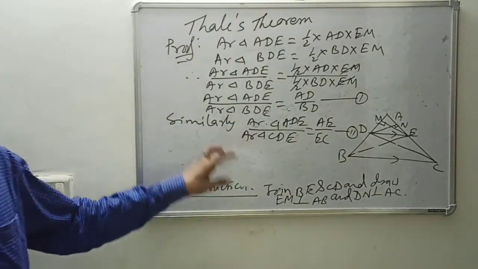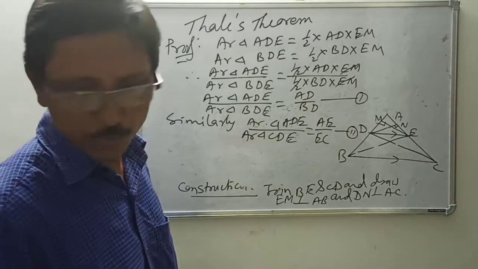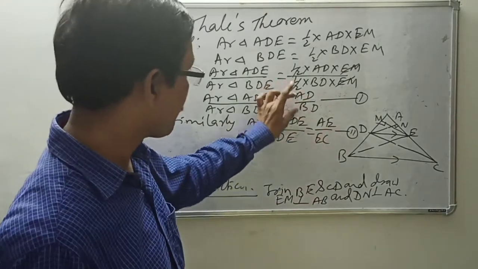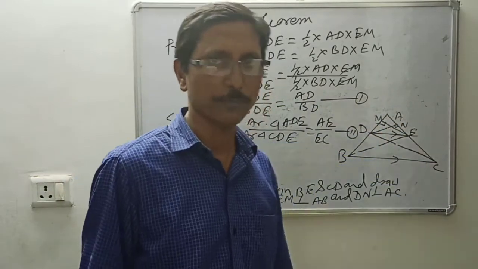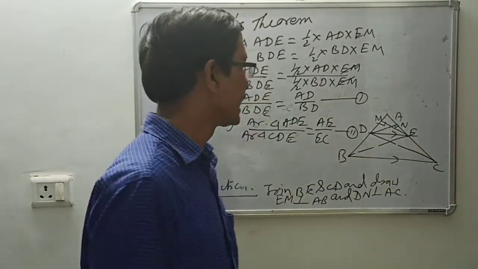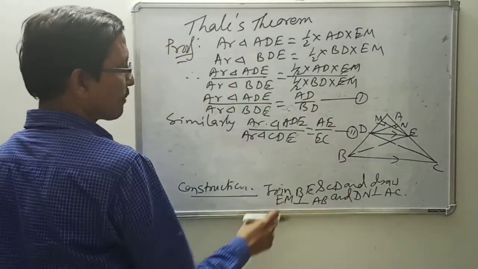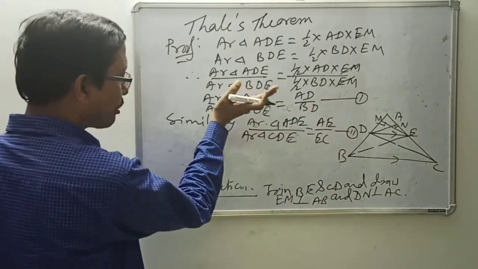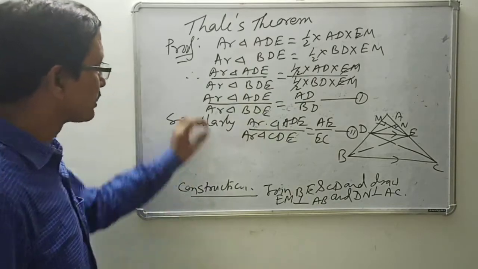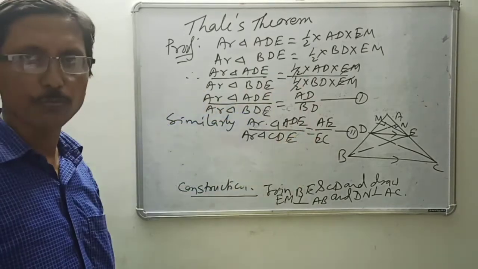See these two. What to prove? You have to prove AD by BD equals AE by EC. That is to be proved. So these two parts you have to prove equal. If you can prove the left sides equal, then automatically that will be proved.